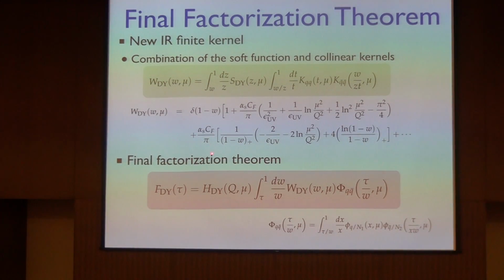Originally this result is the same as the soft function. The only difference is that all the different divergences in the soft function have been converted to UV divergences. So the numerical result for the factorization in QCD doesn't change.